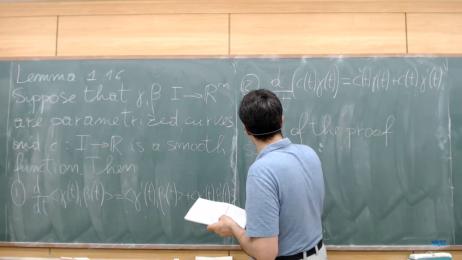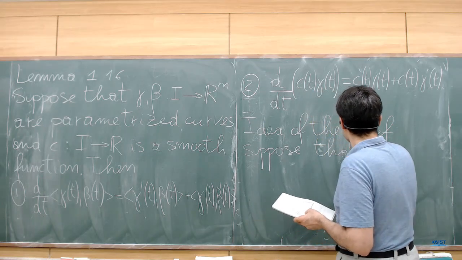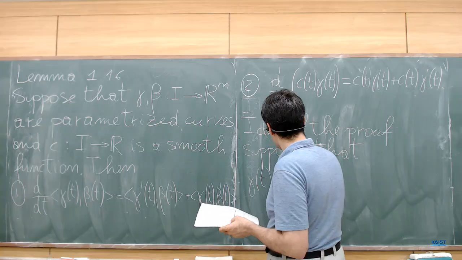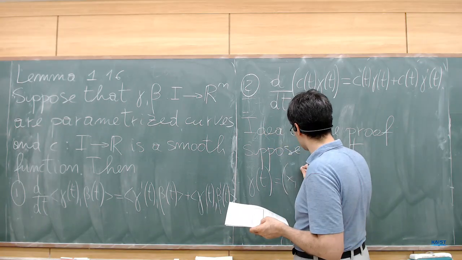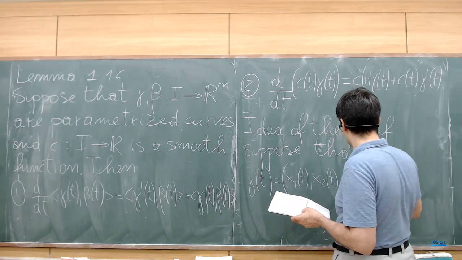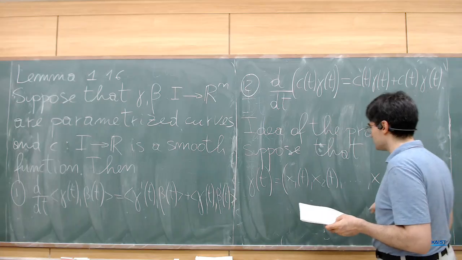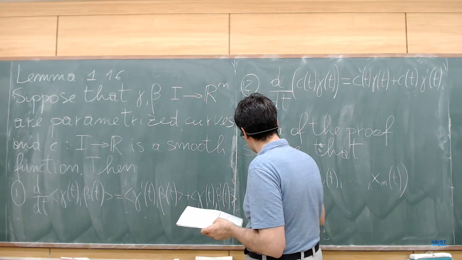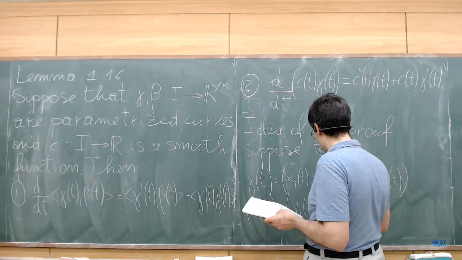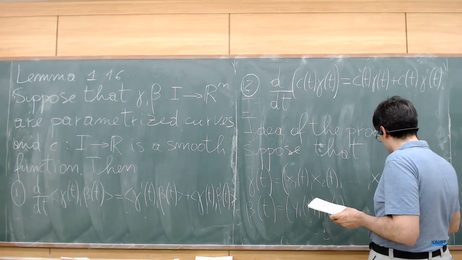Suppose that gamma t is equal to x1 t, x2 t, up to xn t, and beta t is equal to y1 t, y2 t, up to yn t.